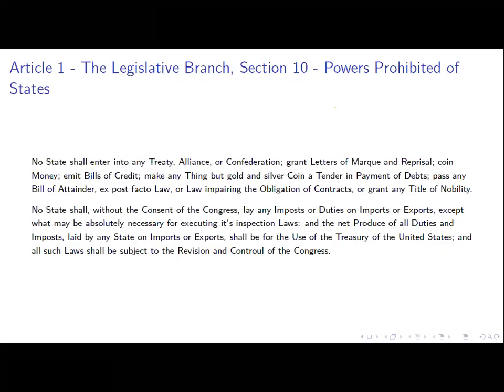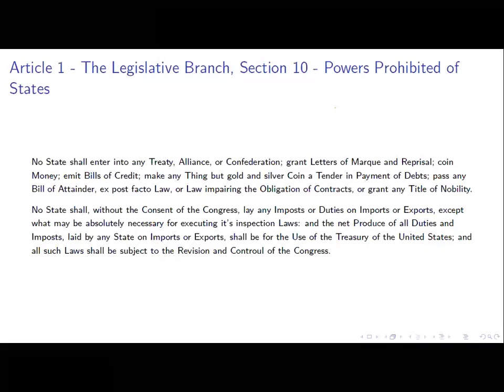Make anything but gold or silver coin a tender in payment of debts. Pass any bills of attainder, ex post facto law, boom, boom, boom.